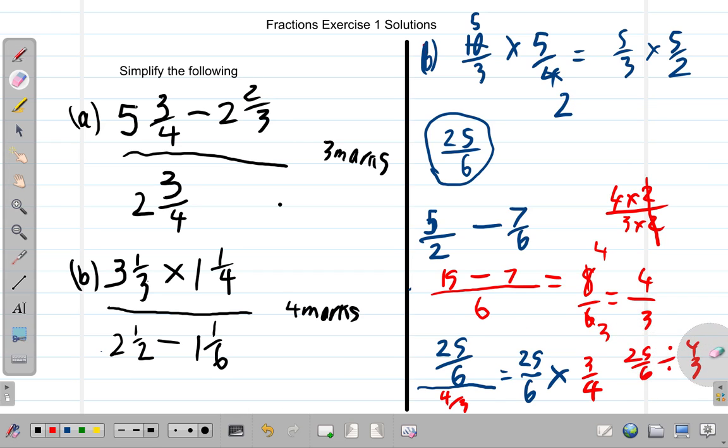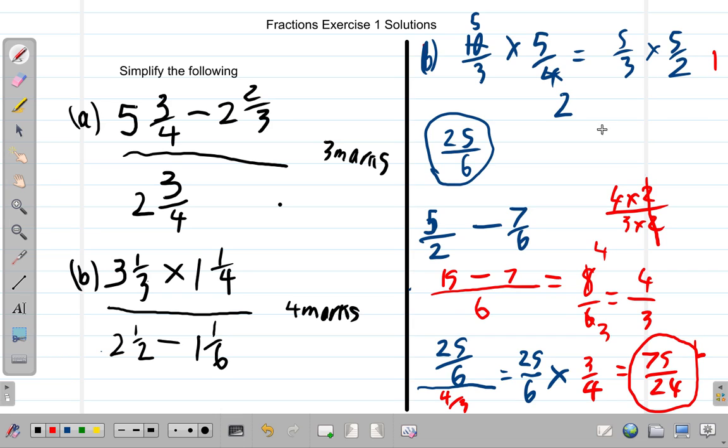You can write it in between this and this step if you want, but alright. Now up top, 25 times 3 is 75, divided by 6 times 4, which is 24. So the answer you get is 75/24.